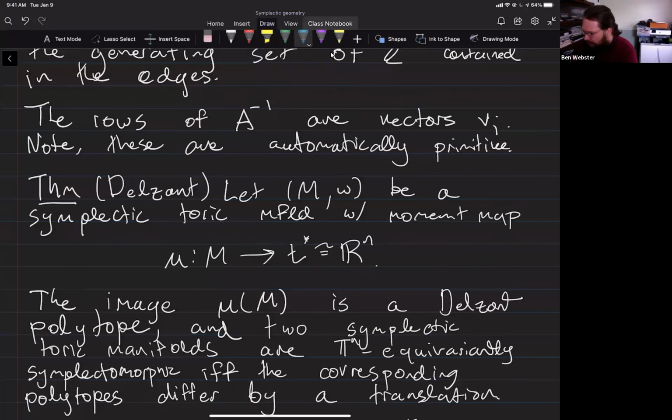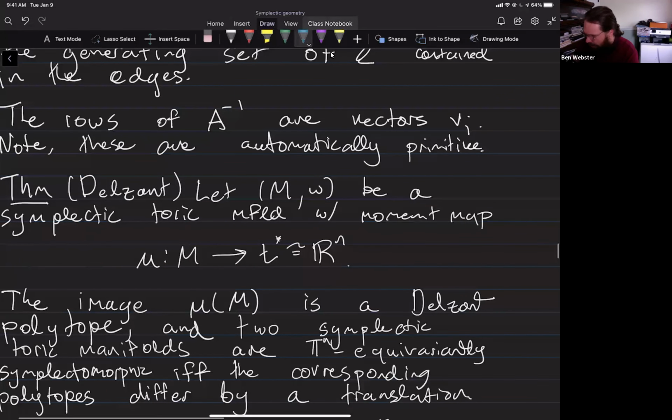And maybe I'll note here, for those of you worried about this, wait, did I make some weird choice when I chose the isomorphism from the dual of the Lie algebra to Rn? Inside here, inside the dual of the Lie algebra, are the elements that integrate to actual characters on the group.